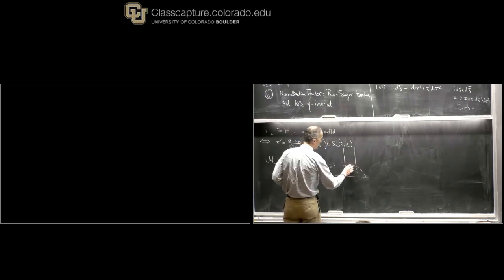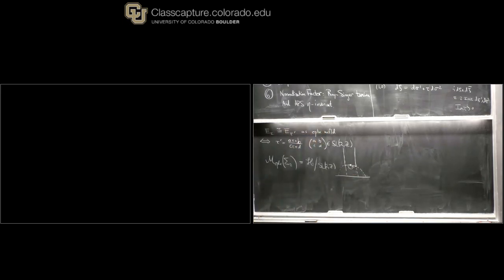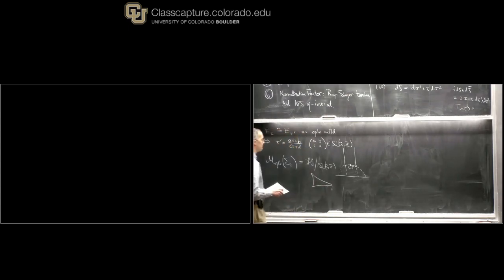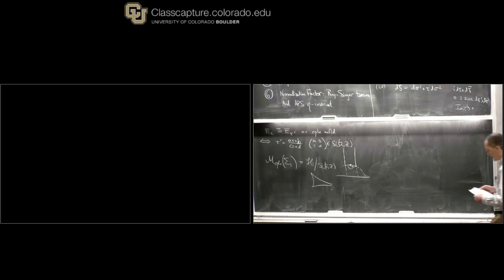So there's an orbifold point here of order 2 and order 3 here. And this gives you what's called the moduli stack of complex structures. So it looks a little like that. So that's the space of complex structures in this particular case of the torus.